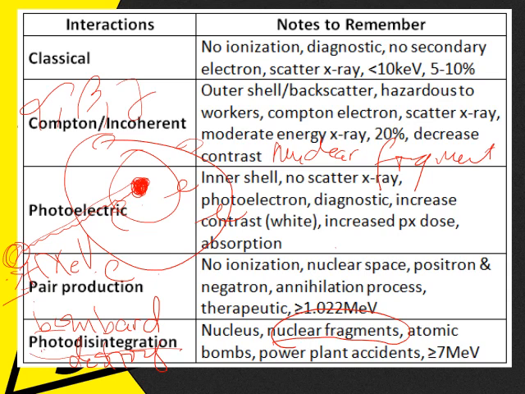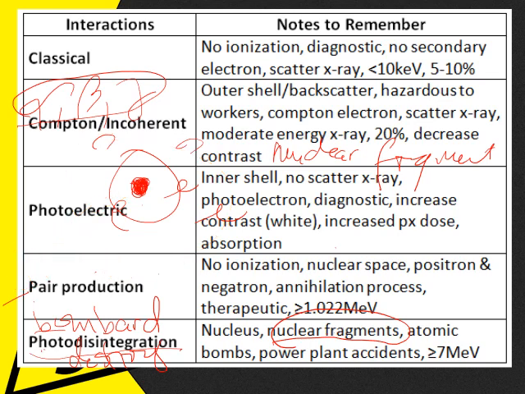So, this type of radiation coming from the nucleus are very dangerous or hazardous, not just to radtex, but to all the people who are around a certain mile radius or vicinity or the area. So that is for photo disintegration. Okay, so I will erase it now.